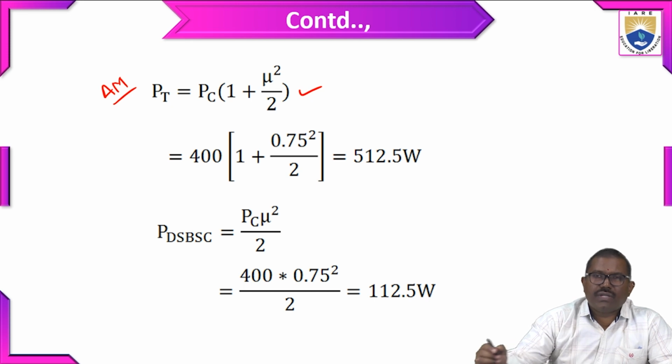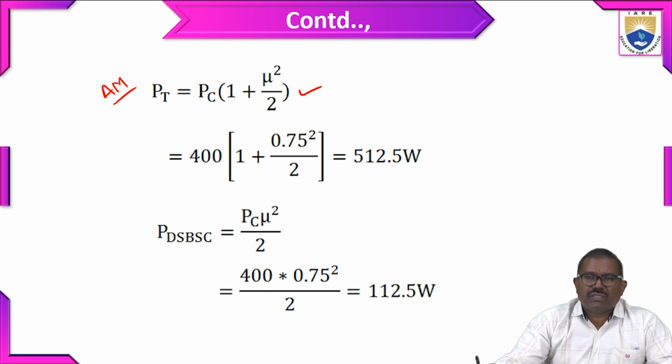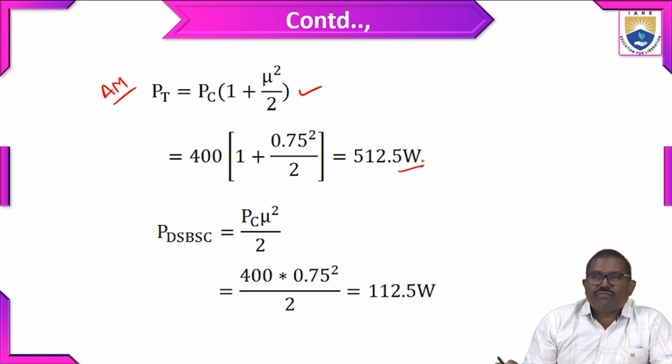Why? Mu is given as 75%, so 75 by 100 is 0.75. Using the calculator, you get the value 512.5 watts.